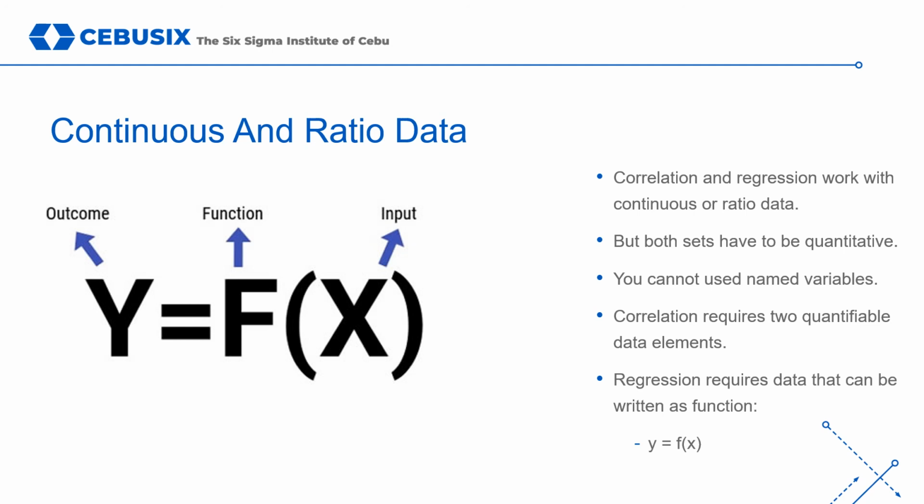Correlation requires two quantifiable data elements, and regression requires that data can be written as a function of y equals f of x. Distance, substance, hardness, temperatures, and even body mass index can be written in this way, and thus can be used in correlation and regression analysis.